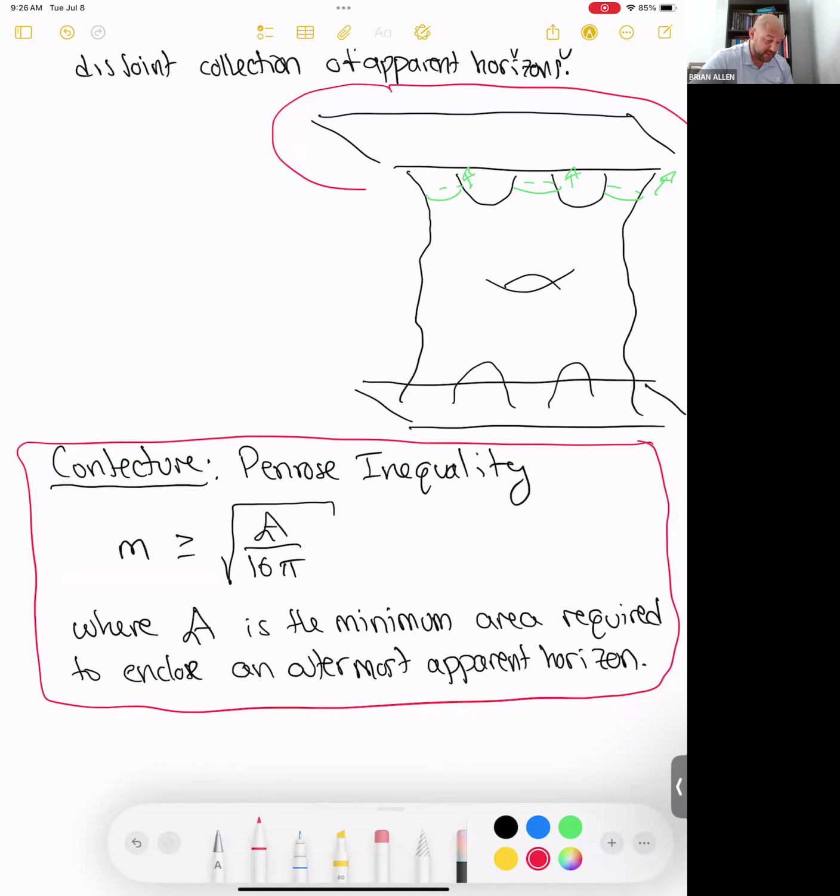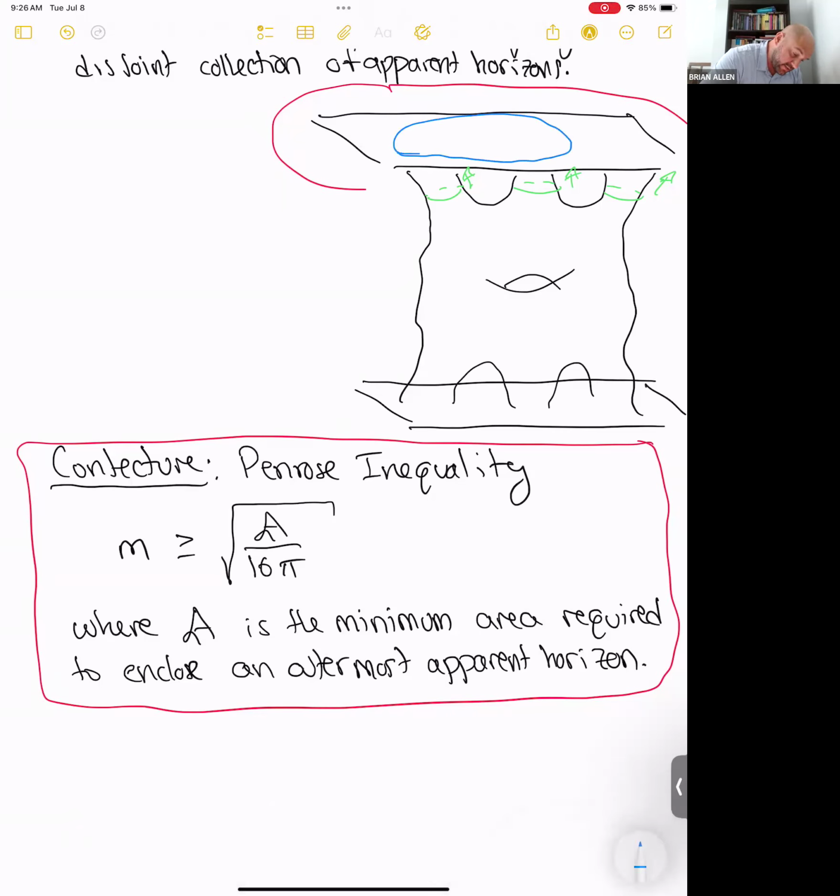But then you want to talk about the minimum area. And so now there could be a minimal surface sort of outside. I don't know, I'll just draw one here. Like this could be minimal, right? Because the correct physical condition is that there are no apparent horizons outside, because physically speaking, that's the thing that gives you the boundary of the trapped versus untrapped region and has to do with black holes physically.